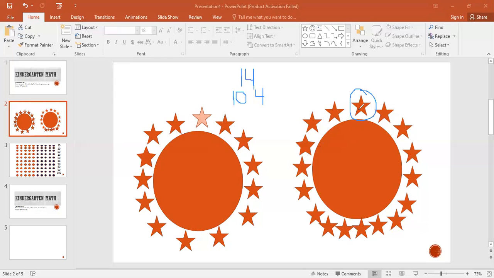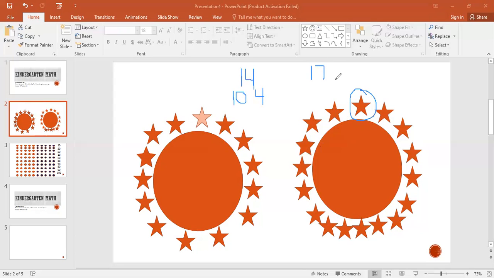So let's go ahead and count that one more time. 1, 2, 3, 4, 5, 6, 7, 8, 9, 10, 11, 12, 13, 14, 15, 16, 17 stars. So I have 10 ones and how many ones? 7 ones. So my number 17 is 1, 7.